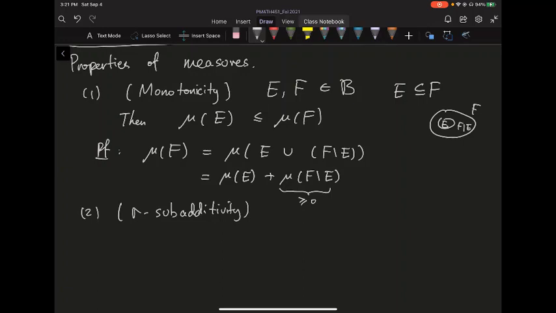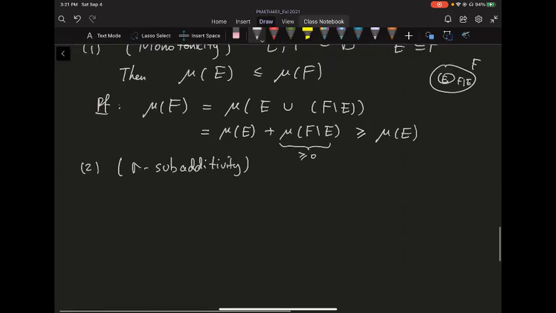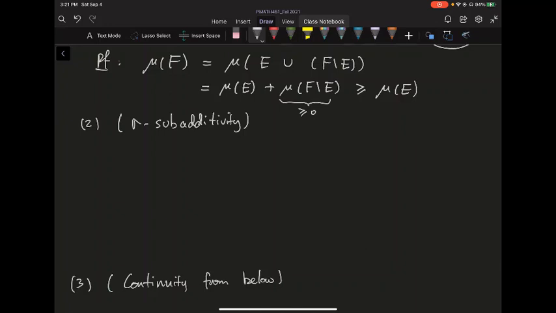So in any case, you're adding something non-negative onto mu of E, so this is certainly at least mu of E. All right, so this is the monotonicity property.